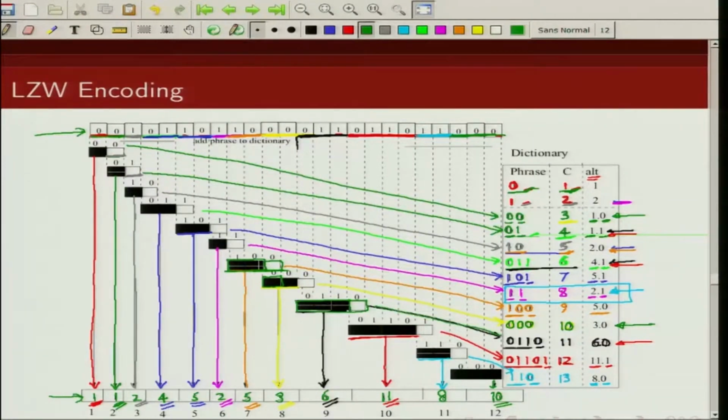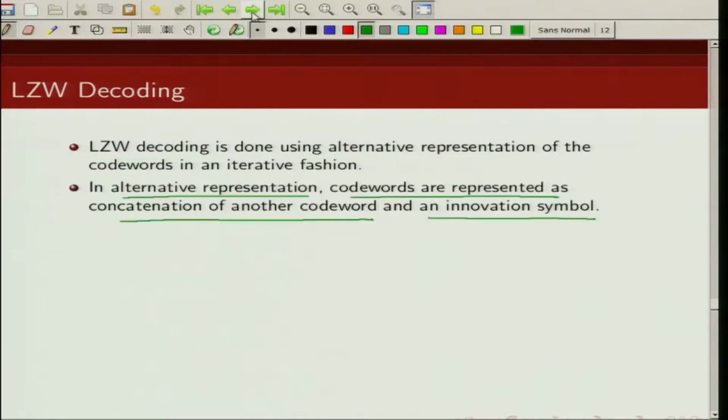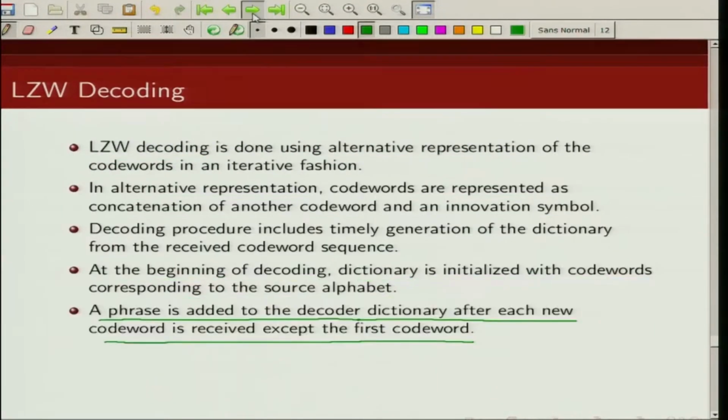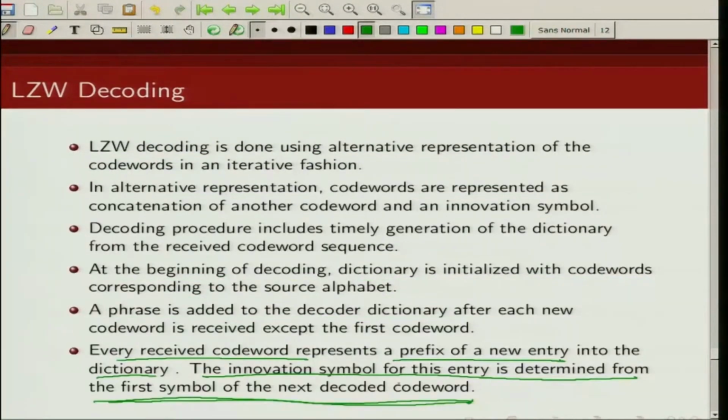The new innovation symbol here was 0, and this was getting coded in the next set of the sequence, so this was getting coded here. You can see each of these innovation symbols is getting coded in the next phrase, and that's why I made this remark that the innovation symbol for this entry is determined from the first symbol of the next decoded code word.